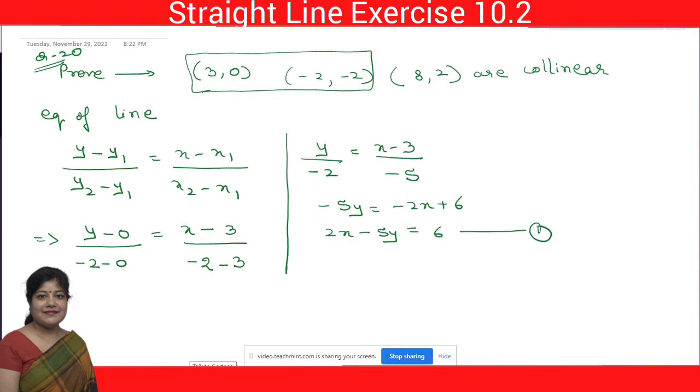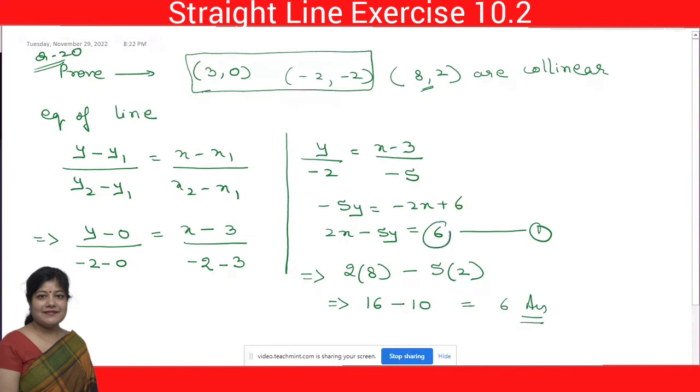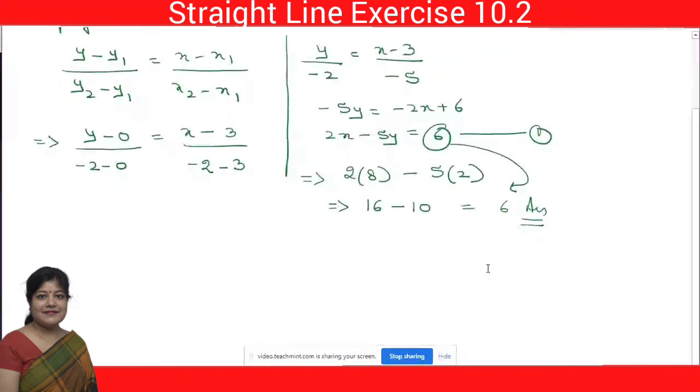Got the equation, ma'am. Now substitute this value in this equation. If we get the answer, then these 3 points are collinear. Okay, ma'am. I'll substitute and tell you. Okay, ma'am, got the answer. So these three are collinear.